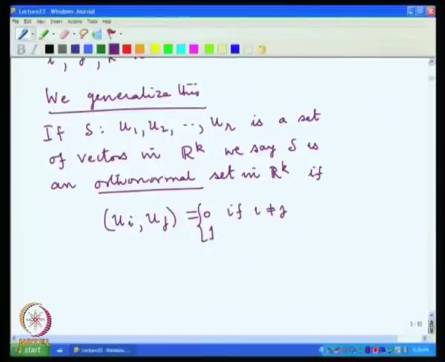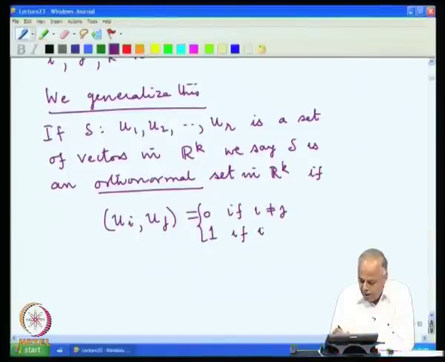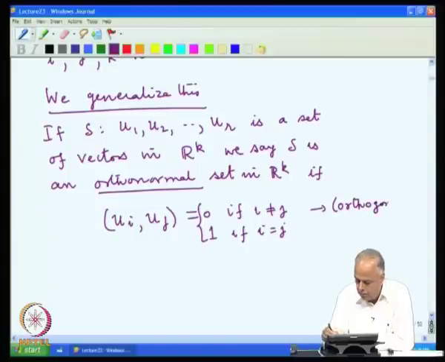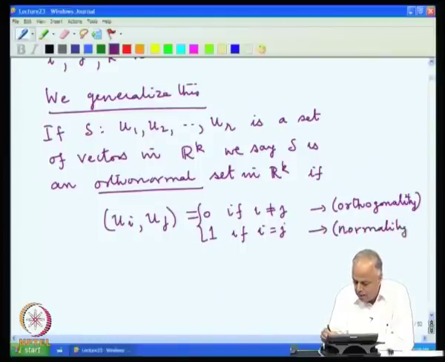What do we mean by the length being 1? If we take i equal to j, then I get the inner product of u_i with u_i, that gives the length of u_i squared, but we want that to be 1. So this must be equal to 1 if i equals j. The first condition is the orthogonality condition, the fact that any two vectors are orthogonal. The second one is the normalization condition.